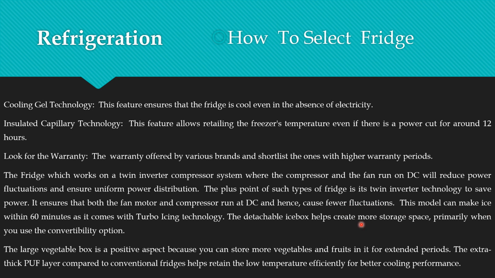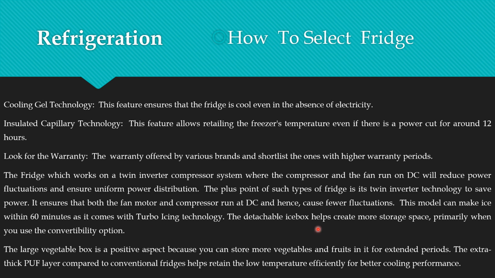This model can make ice within 16 minutes as it comes with turbo icing technology. This is the latest technology, and this fridge has a provision to detach the ice box, which will create more storage space. This is primarily when we can use the convertibility option, whether we require the ice box or not.